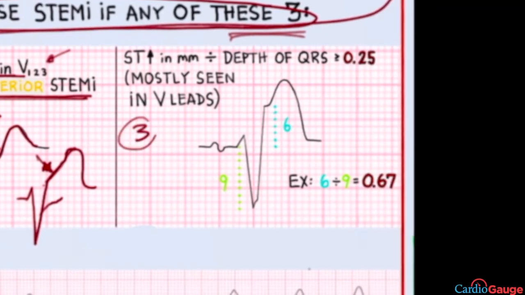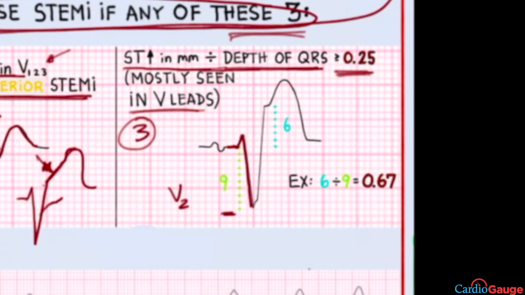The third scenario is over here, and it's probably the most complicated. That's when there's ST elevation in millimeters divided by the depth of the QRS, a ratio greater than or equal to 0.25. This is mostly seen in the V leads. So say we're in V2 here. The depth of the QRS, so that's here to here, in this instance is 9 millimeters.